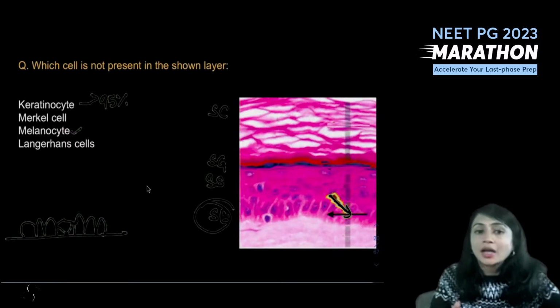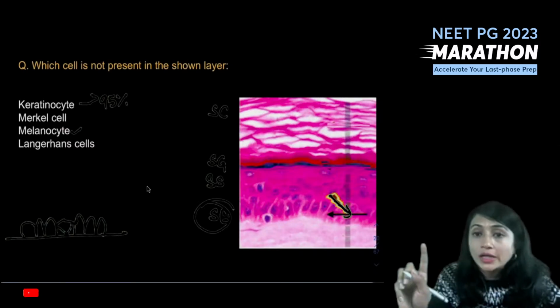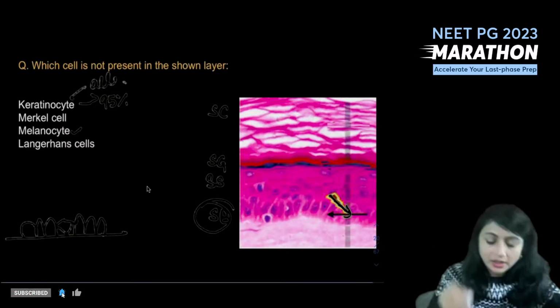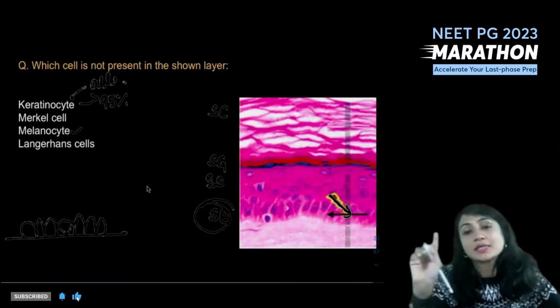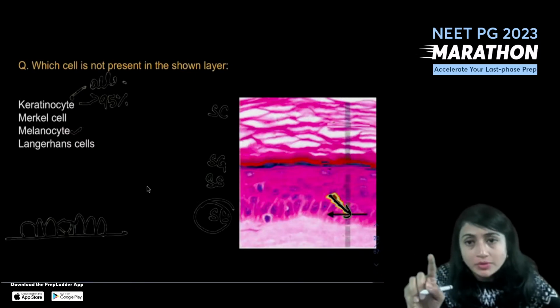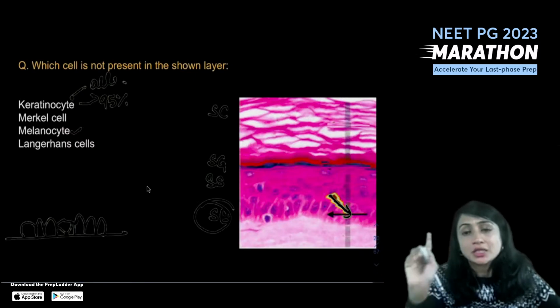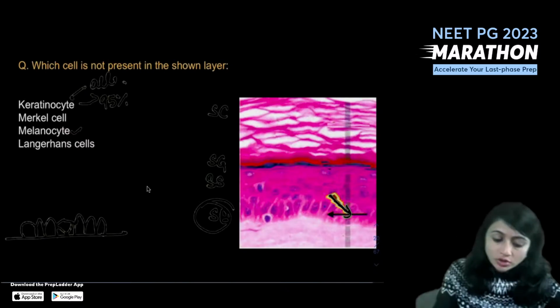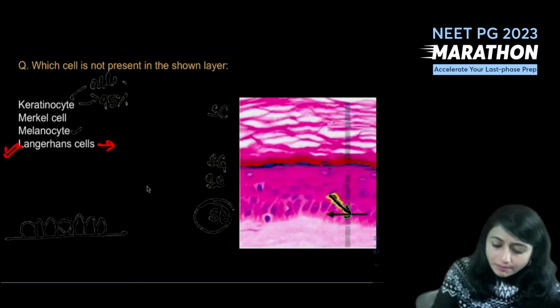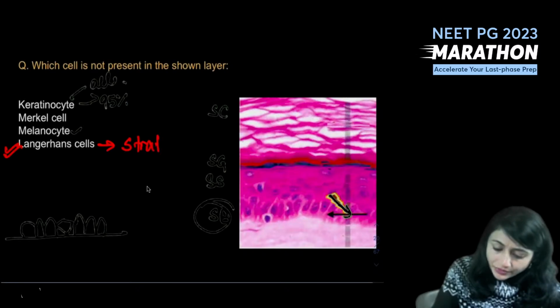Keratinocyte is present in all layers of the skin. We are left with Merkel cells and Langerhans cells. Merkel cells are touch receptors, which are also present in stratum basale. So the answer here would be Langerhans cells, because they are present in stratum spinosum.